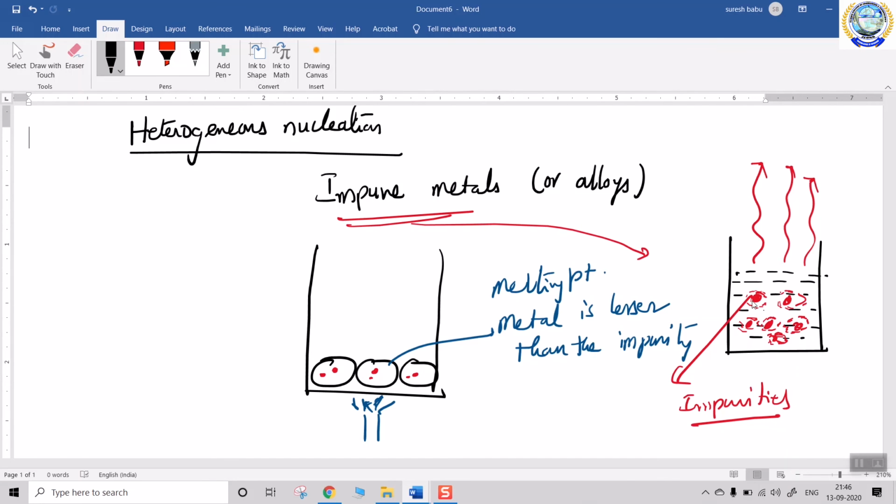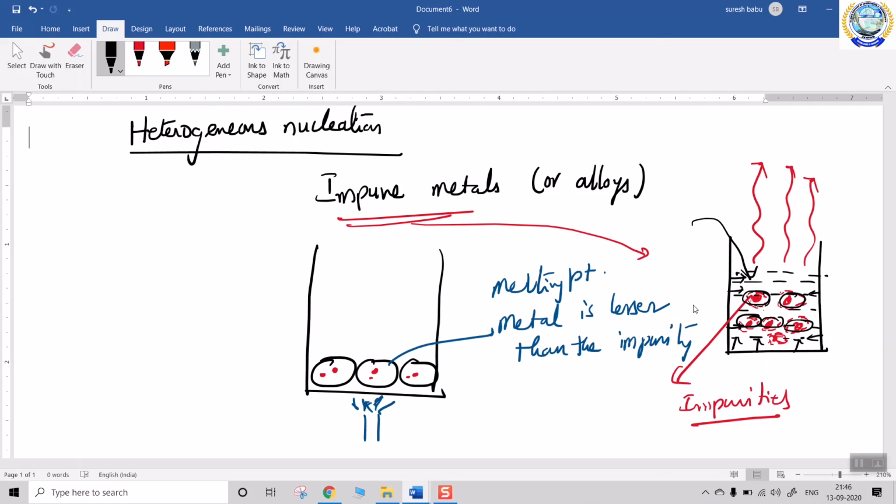So, we can say that the solidification starts on the surface of these impurities, or sometimes the solidification will start from the surface of the vessel also. Why? Because this vessel is at a lower temperature when compared to the temperature of the solution.